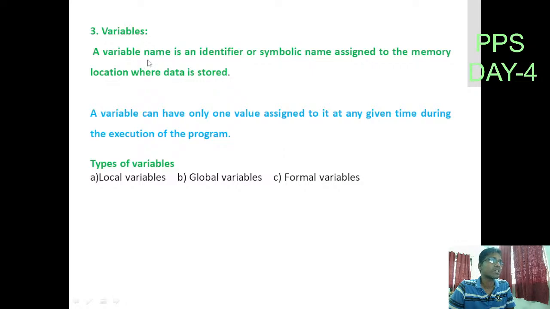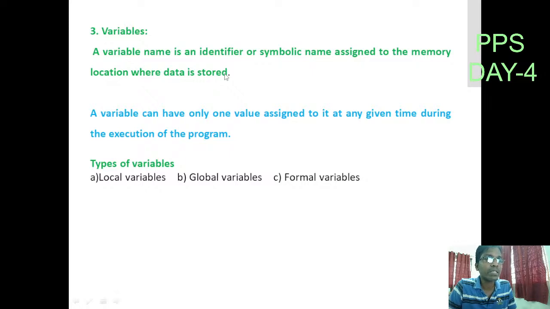That's why I mentioned that an identifier refers to the variables, whereas a variable name is an identifier. That means identifiers are not stored in a memory location, whereas for variables we assign some value, so that value is stored in the memory location. That is the only difference between identifiers and variables.